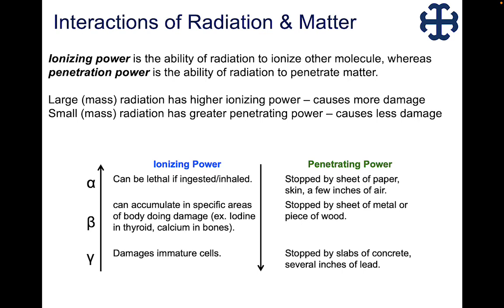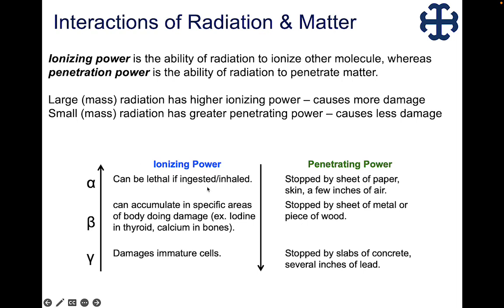And typically when we have a large mass to our radiation, so something like a helium atom relative to a gamma particle has a very large mass, and we would say that has a high ionizing power and will cause more damage. And I'm realizing that I flipped this. A large radiation means a small mass. Sorry, I should have included that. And a small radiation means a large mass. And so it has greater penetrating power, but causes less damage.